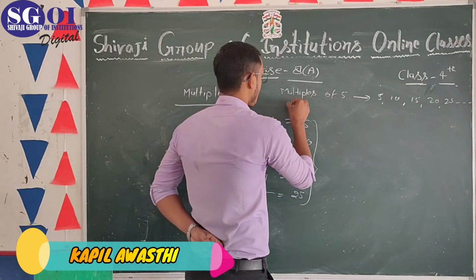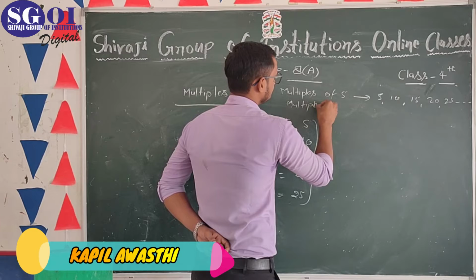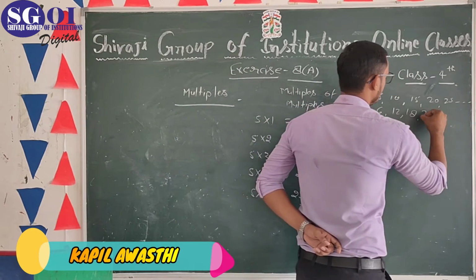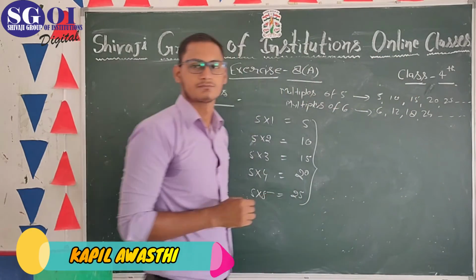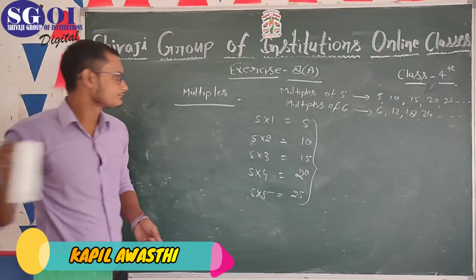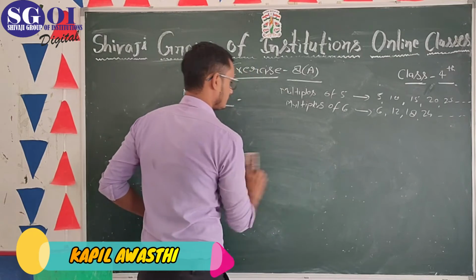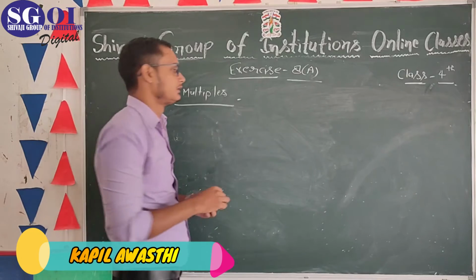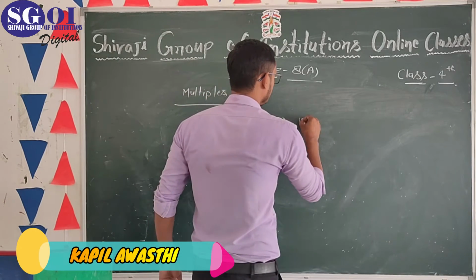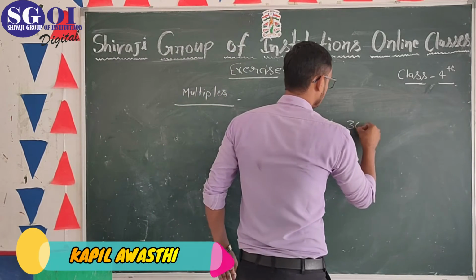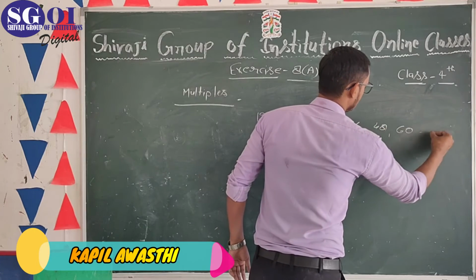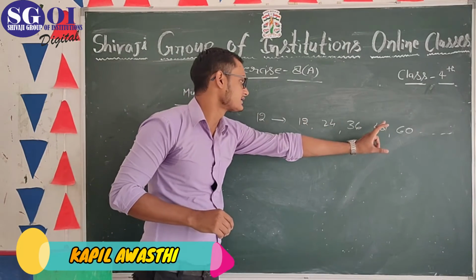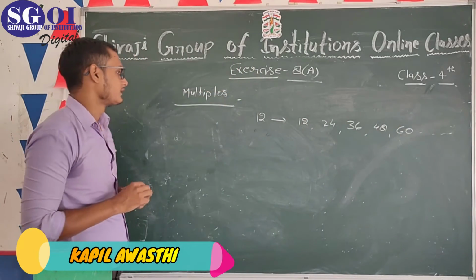Multiples of 6 are 6, 12, 18, 24, etc. If anyone asks the multiples of 12, the multiples of 12 are 12, 24, 36, 48 and 60.